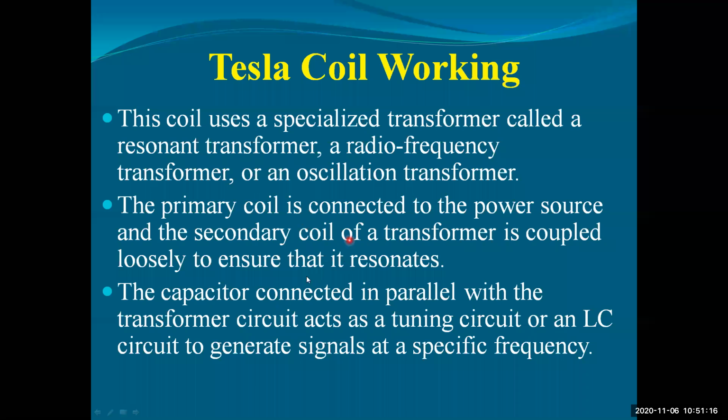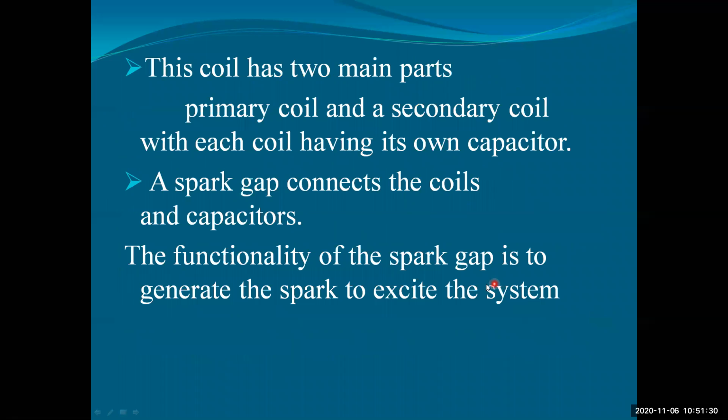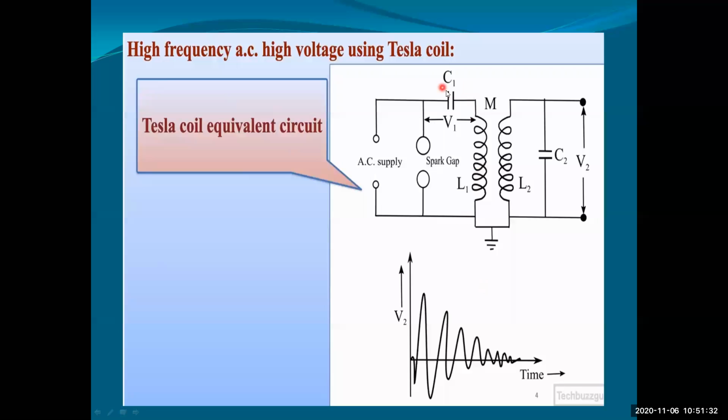A capacitor is connected in parallel with the transformer. The circuit acts as a tuning circuit or LC circuit to generate signals at a specific frequency. This capacitor is connected in parallel to this resonance transformer L1.